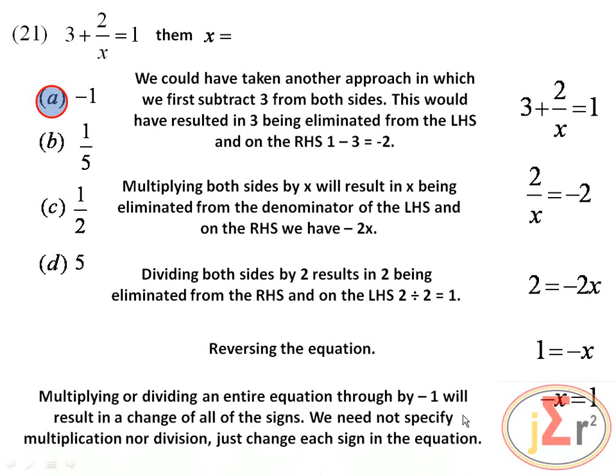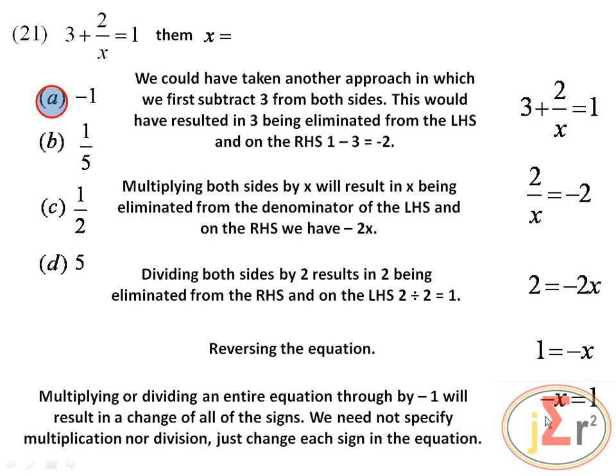Multiplying or dividing an entire equation through by negative 1 will result in a change of all of the signs. We need not specify multiplication nor division, just change each sign in the equation. So we need not say that we are multiplying by a negative 1, and we need not say that we are dividing by a negative 1 throughout, because any one that we use will result in the same thing.